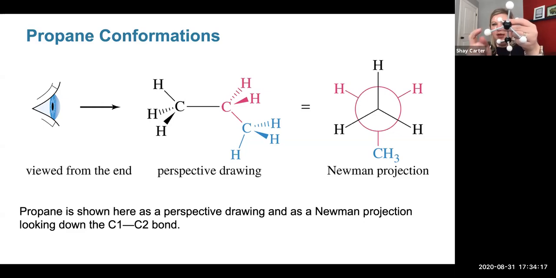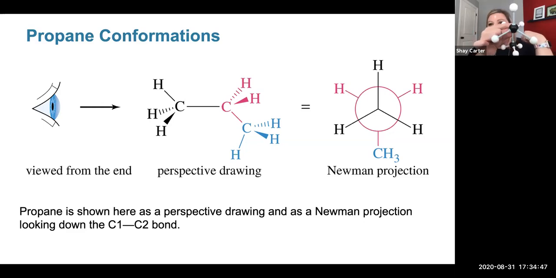Compare this to the hydrogen, hydrogen, hydrogen, the black hydrogens on the Newman projection. And in the back, we actually have hydrogen, hydrogen, methyl group.